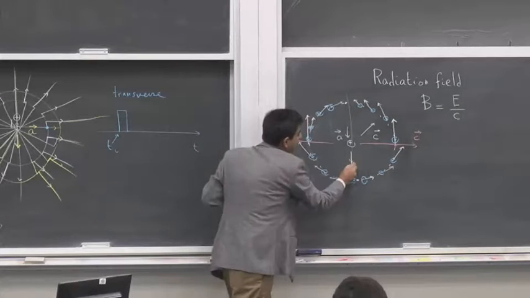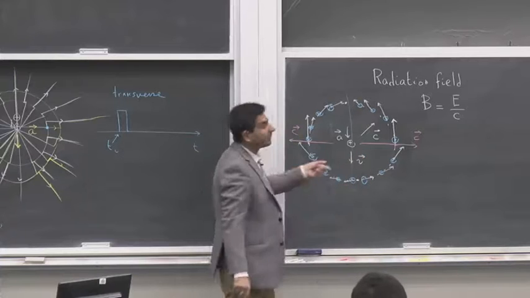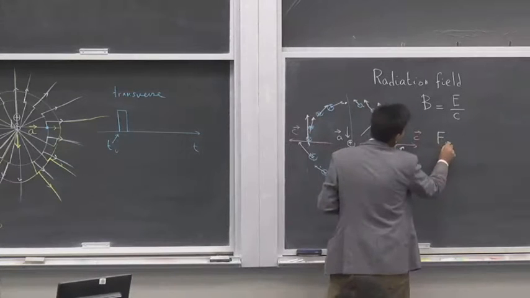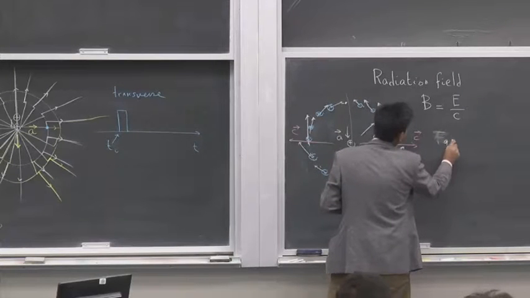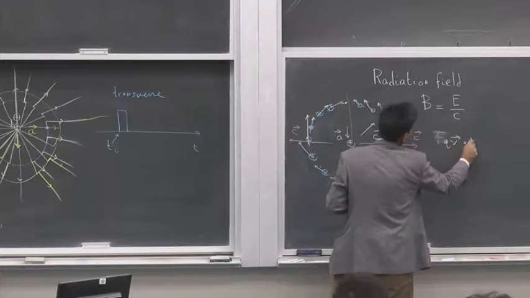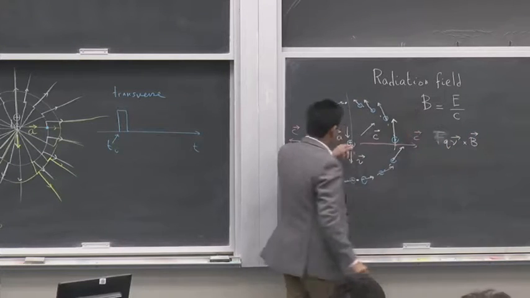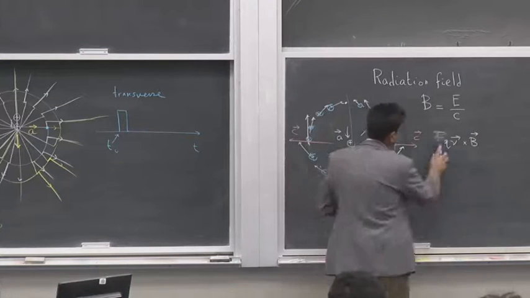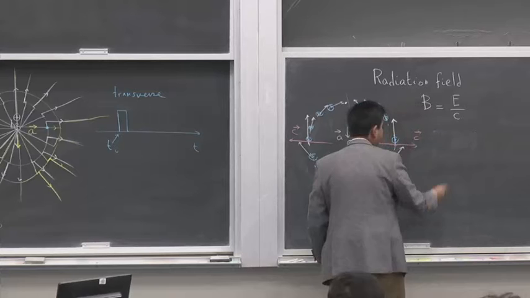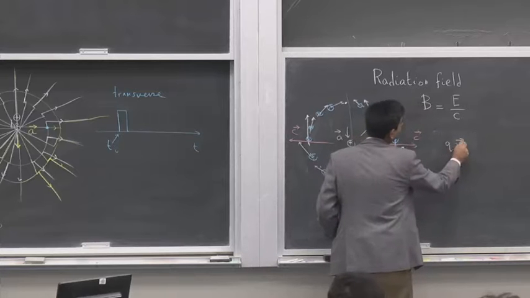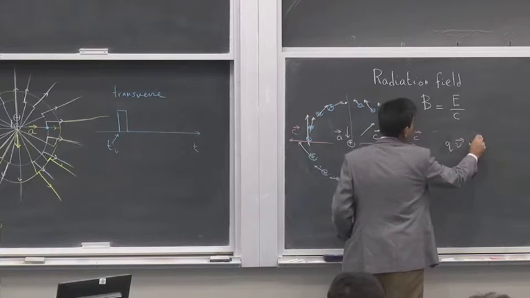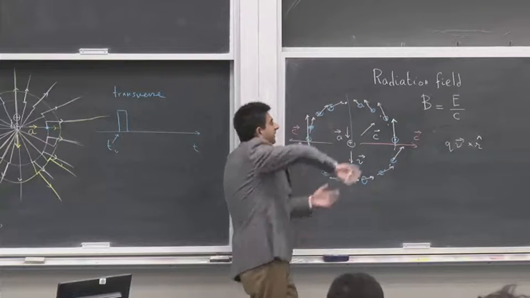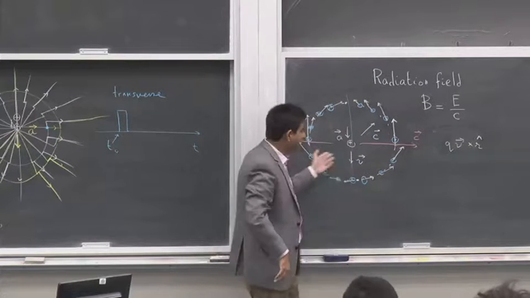So the charge has a velocity downwards, and if you use the Biot-Savart law, which is given by QV cross r, the direction of observation, then this moving charge will produce a magnetic field that's outwards here and inwards here.